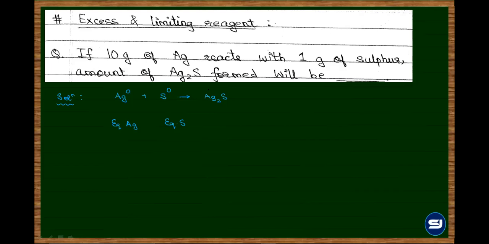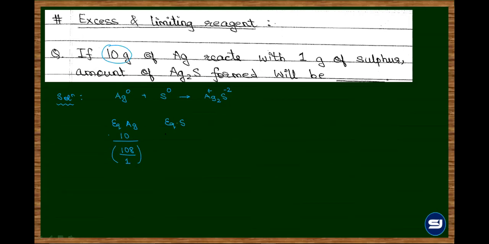And in silver sulfide, it will be plus 1 and minus 2. So the equivalence of Ag based on the weight will apply the formula number 1, which is weight upon the equivalent weight. And equivalent weight in turn is molar mass upon the N factor. So what is the N factor for silver?